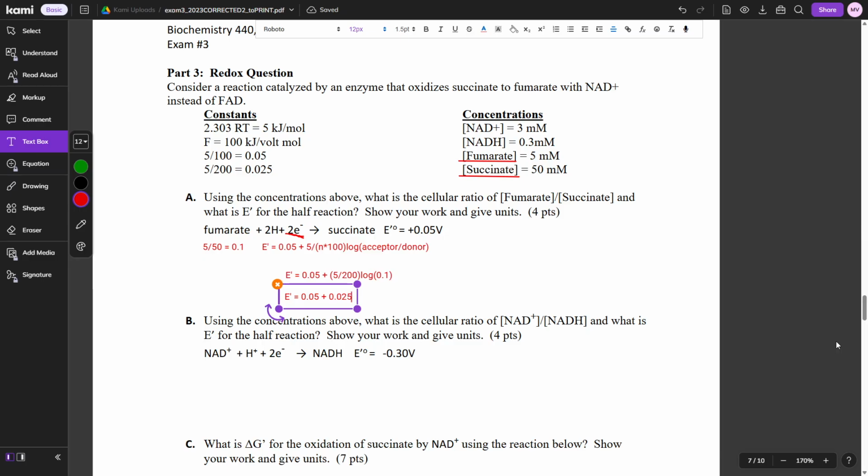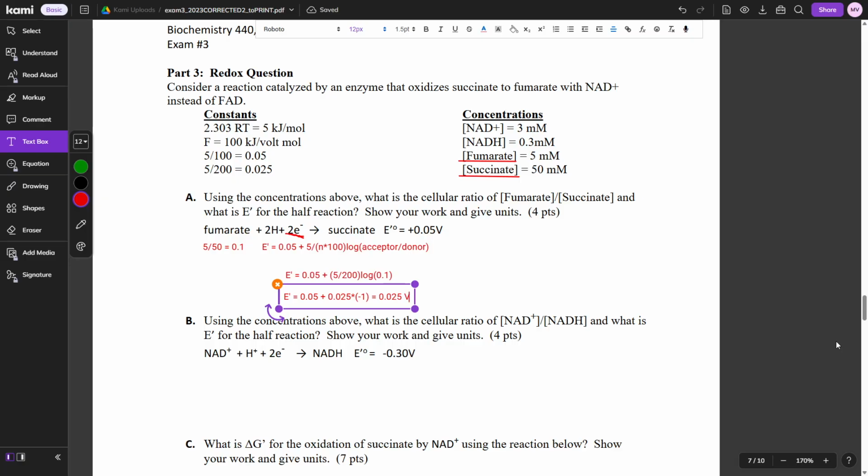Log of 0.1 is what? Negative 1. Yep. So this is 0.05 plus 0.025 minus 0.025, which is just equal to 0.025. That would be your answer, and it would be in volts.